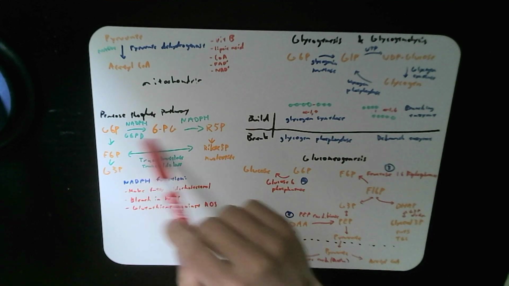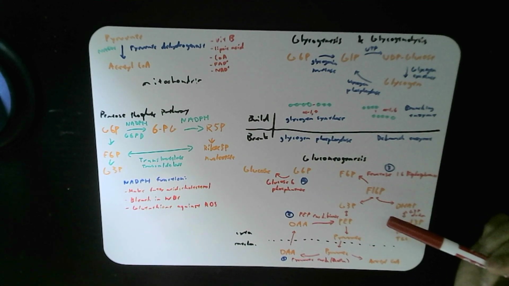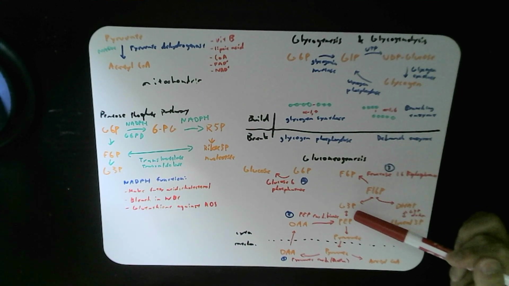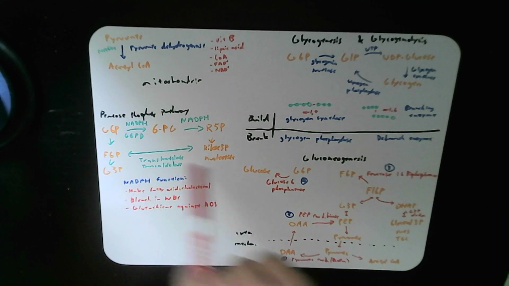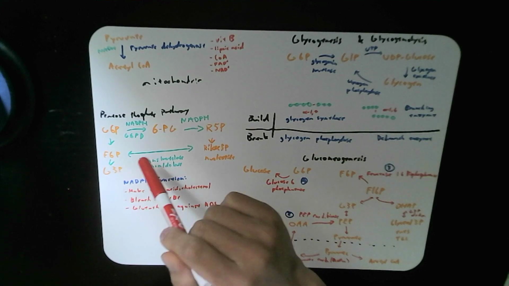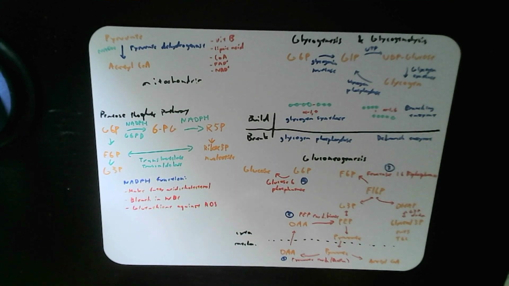Or if you want to skip this path, you could use any of the intermediates down here, such as F6-phosphate here, or G3P here, and directly use transketolase or transaldolase. You can just call them T, and they can directly isomerize and turn into ribose 5-phosphate, the pentose.